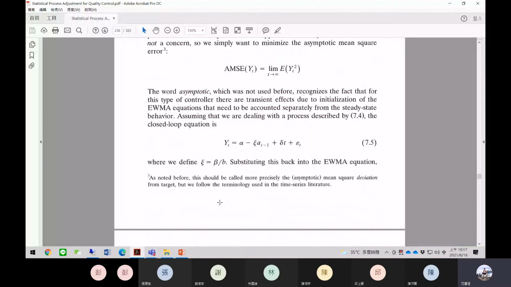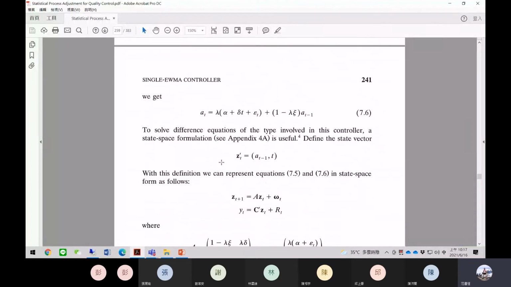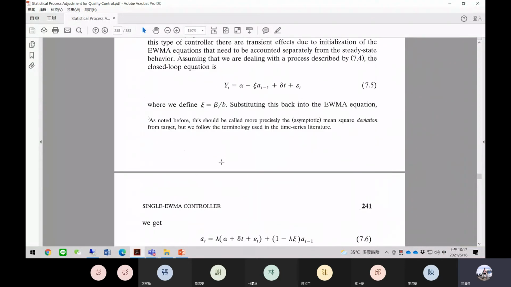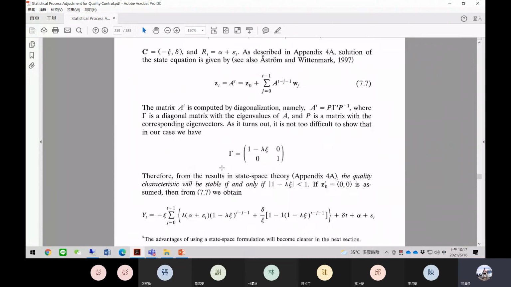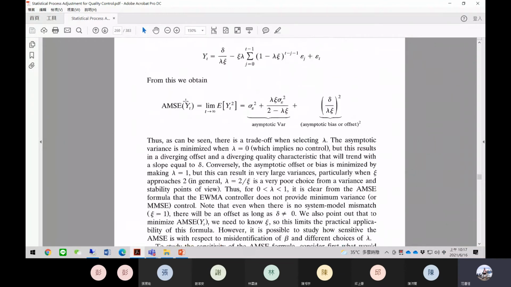This is psi equal to beta over b, and we have shown this in a different style in the state space. However, we will not address that later.